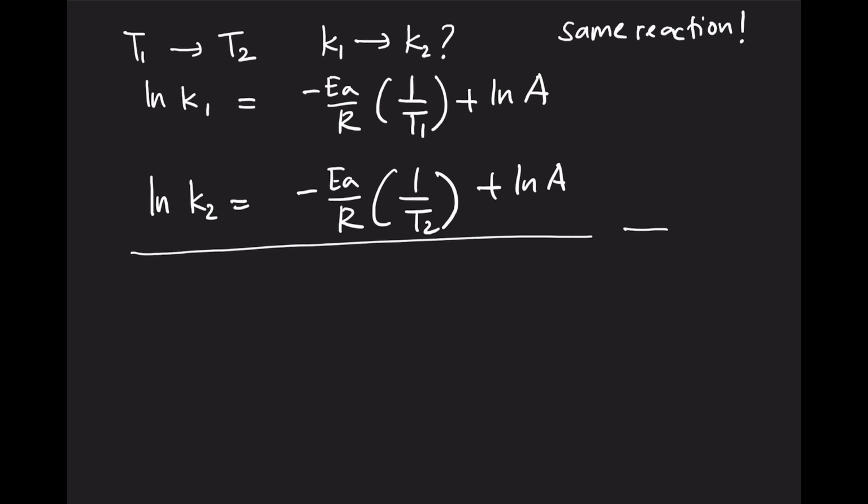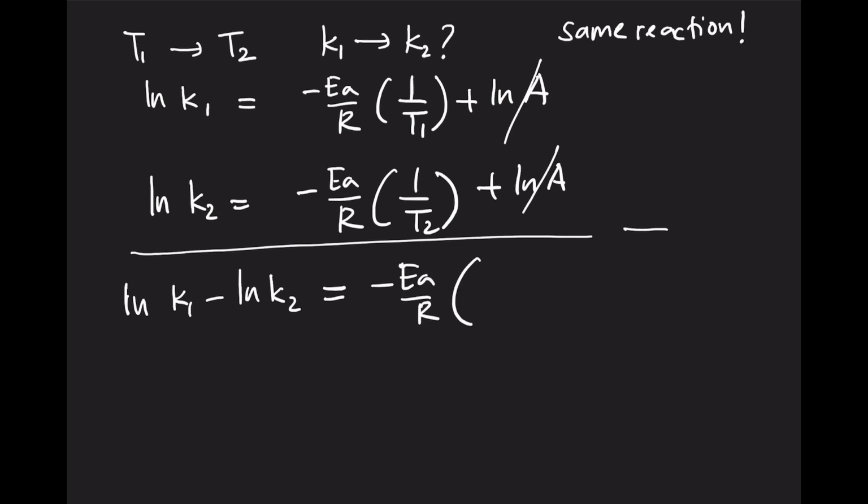So if we subtract these, we will get ln k1 minus ln k2. The ln A minus ln A will be 0. And this one will be minus Ea over R times 1 over T1, plus Ea over R times 1 over T2.